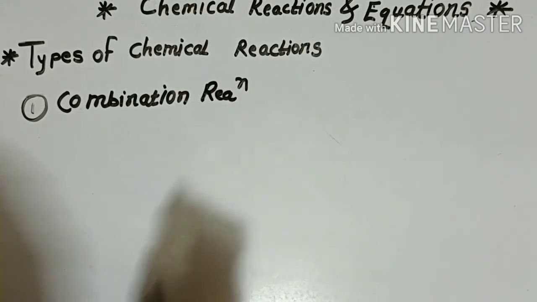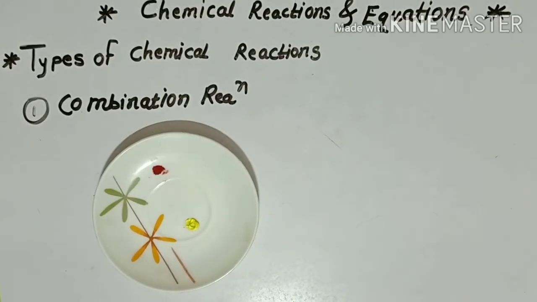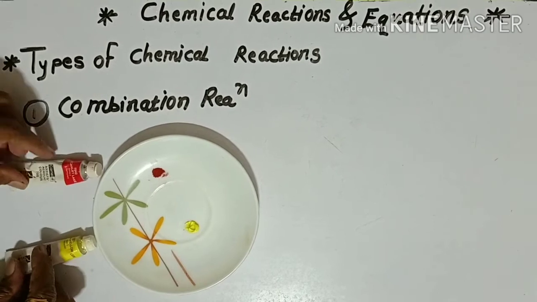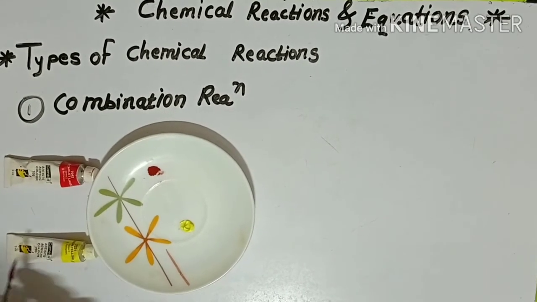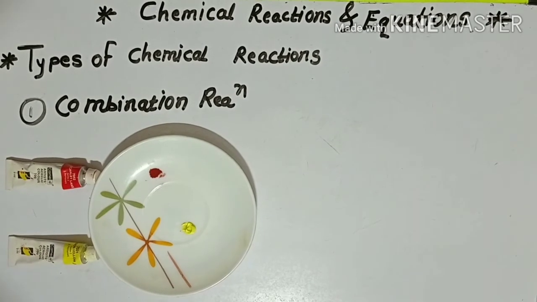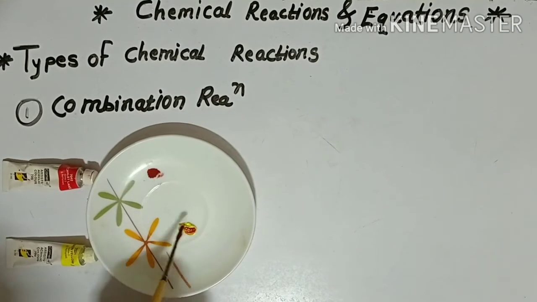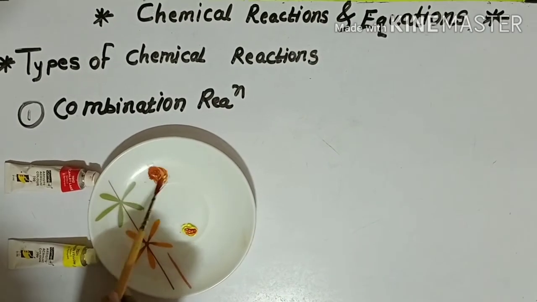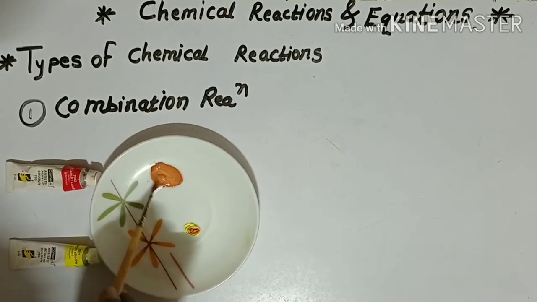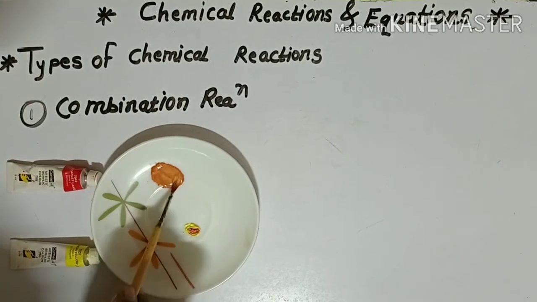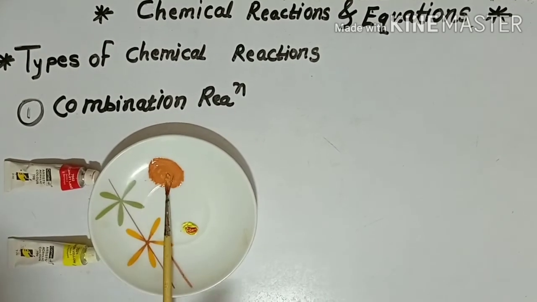See here, I am showing you one example. Here are two colors, red and yellow. When I combine these two colors, what will happen? The color changes and there is a formation of another color.